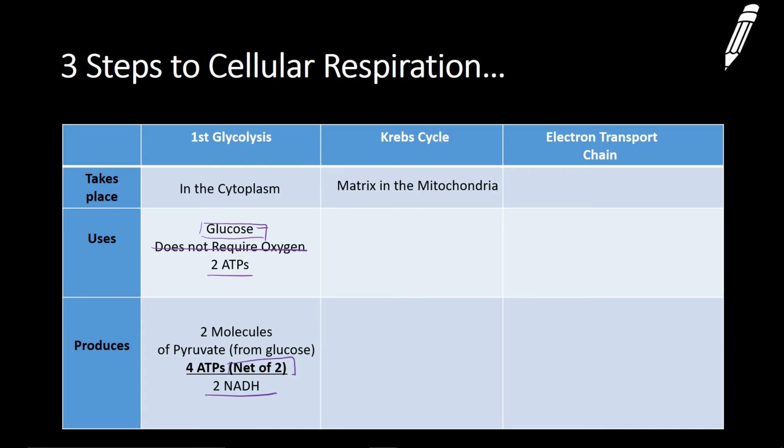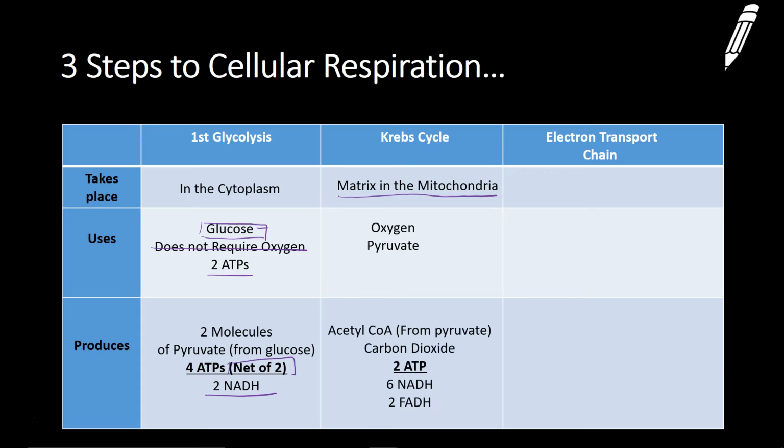The Krebs cycle takes place in the matrix of the mitochondria. It's going to use oxygen and pyruvate, and it's going to make acetyl-CoA, carbon dioxide, 2 more ATP, NADH, and FADH2. Okay, and those are just electron carriers. Next, we go to the electron transport chain, or the ETC for short.